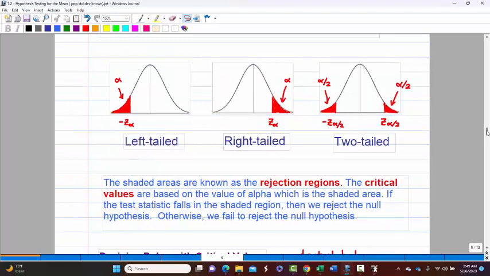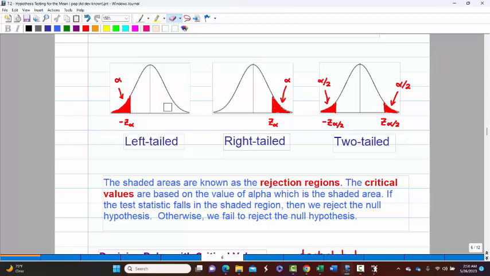Now these shaded areas, which represent the alpha or alpha over 2, is what's called the rejection region. And the z values with the alpha or alpha over 2, those are your critical values. So what happens is if your calculated test statistic is a number that falls in the red part, and for any of these, if it falls in the red part, the H-naught is to be rejected.